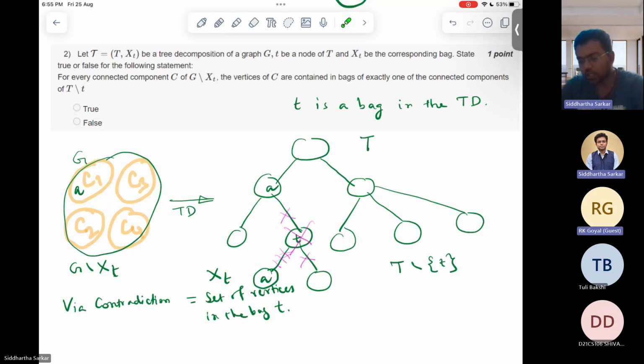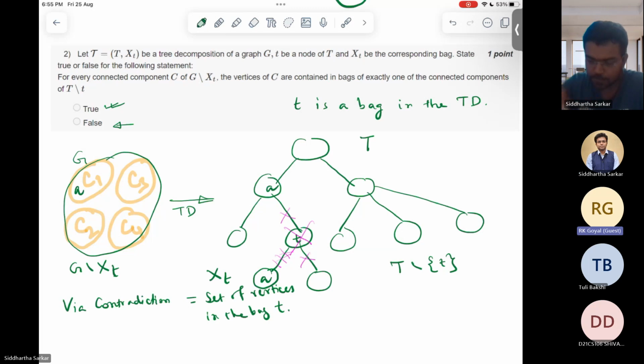If this contradiction argument did not work, then we would probably draw a counterexample. So this proof via contradiction is allowing us to conclude that this statement is true. If on the other hand this statement were false, then we would have to give a counterexample. There the difficulty will rise in designing that counterexample, which in most cases is non-trivial.